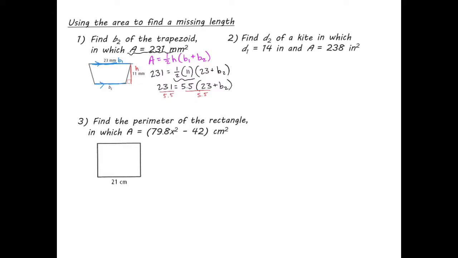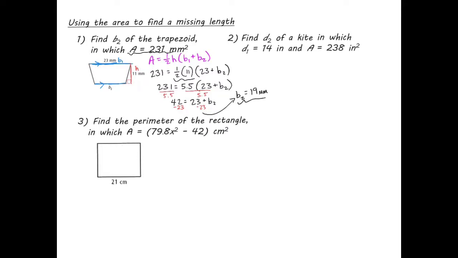We get 42 equals 23 plus B2. Subtract that 23. And we get B2 equals 42 minus 23. How about 19? And it's a length, so it'll just be 19 millimeters.